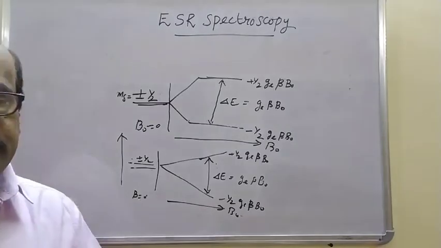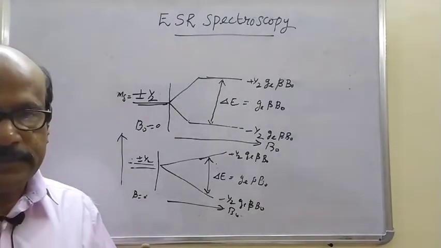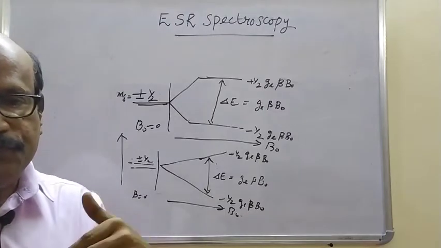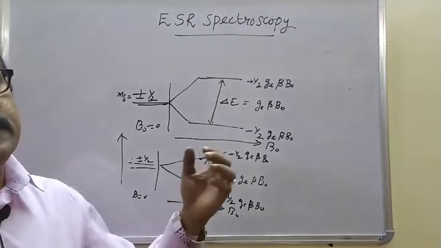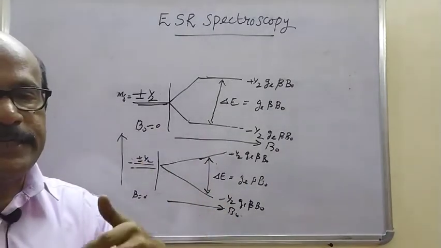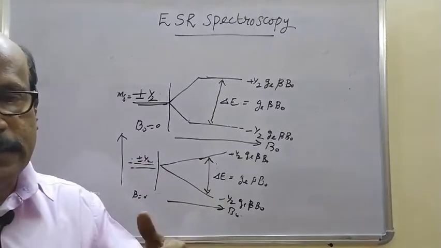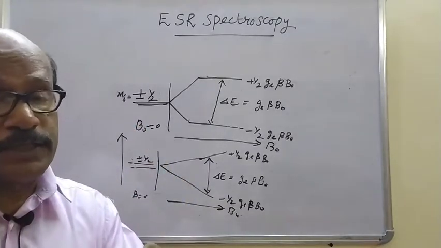Here the interaction is between the magnetic field of the electromagnetic radiation and the magnetic field of the spinning magnetic dipole of the unpaired electron present in the molecular species.